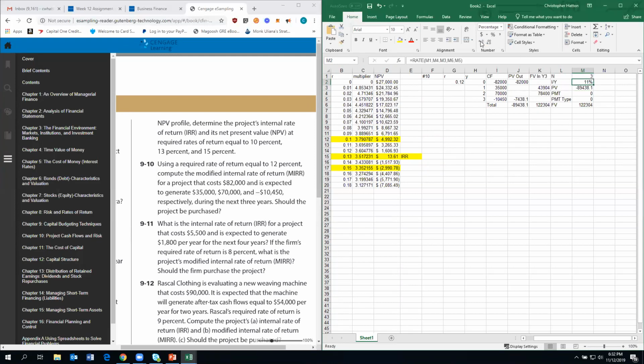And then always take it out a little bit. All right, so 11%, and that's your MIRR. And we'll leave it with that one because we're used to doing it that way.